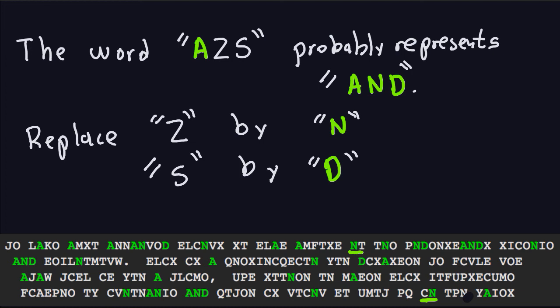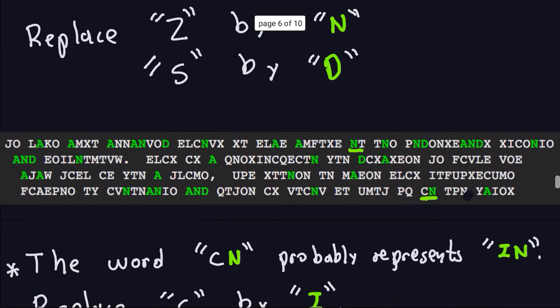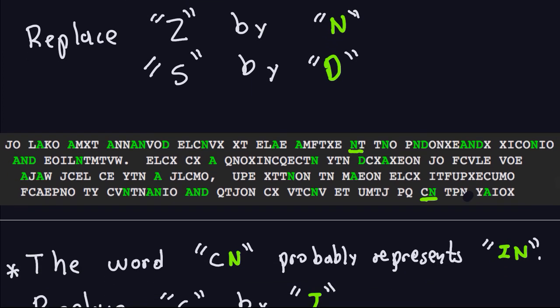So I'm interested in these small words, this two-letter word that is here, and this two-letter word that is right here. So what you're gonna do is this. Let's look at this guy right here. This one, the CN first. The word CN, the one that is right here, probably represents the word in.